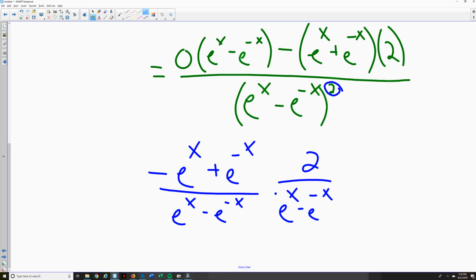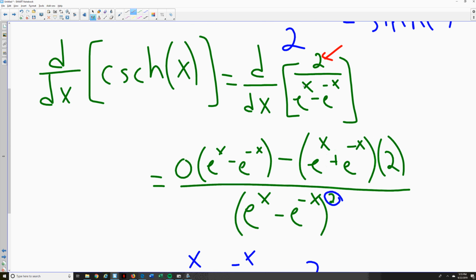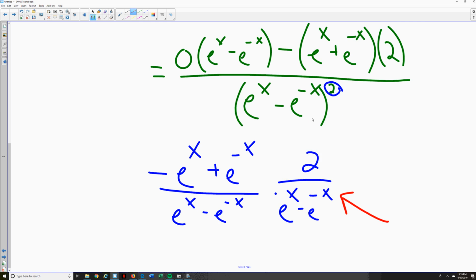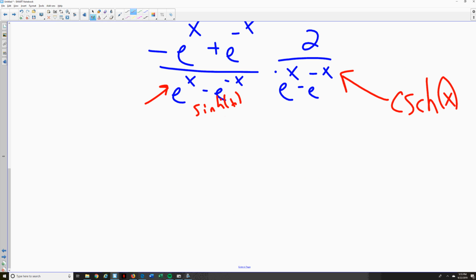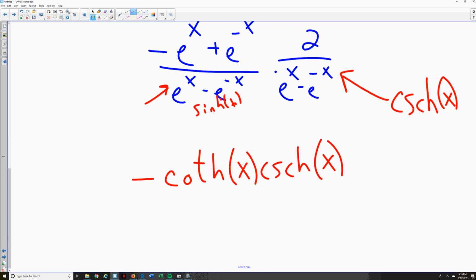If we go back up, that's just cosecant of x. And this part is cosine over sine, the hyperbolics, which is cotangent. So this is negative hyperbolic cotangent times hyperbolic cosecant.